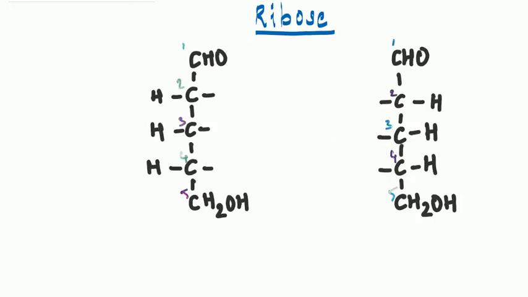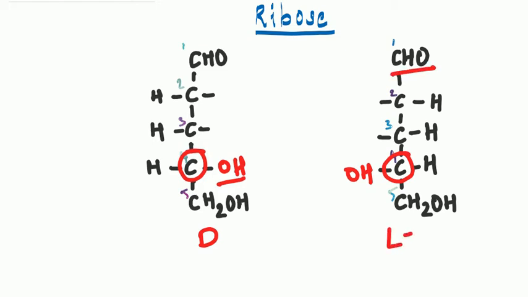Next example is of aldopentose, ribose. It is 5 carbon compound. The asymmetric carbon is the 4th carbon atom. The OH is present on the right side of the carbon atom, then it is D-ribose. When OH is present on the 4th carbon asymmetric carbon atom which is farthest from the functional group, on the left side, then it is L-ribose.